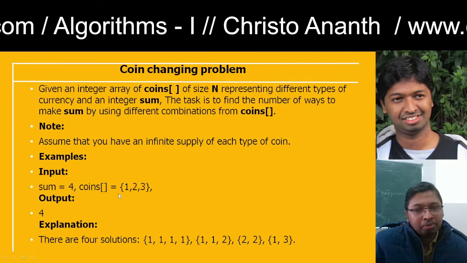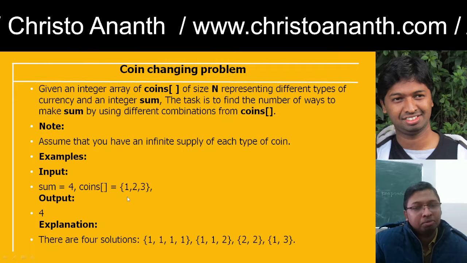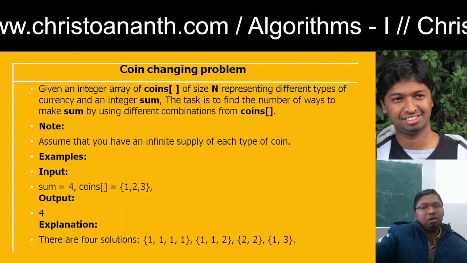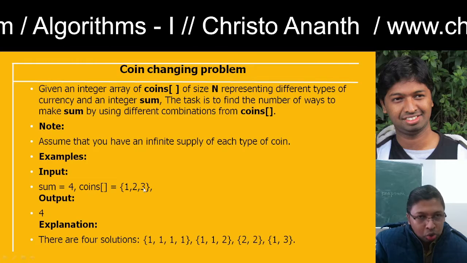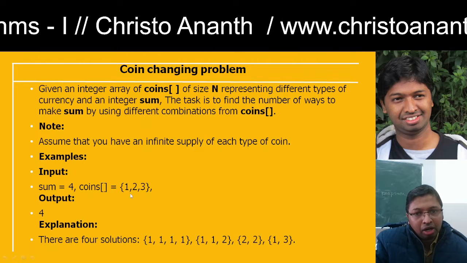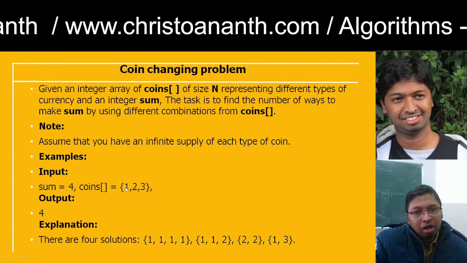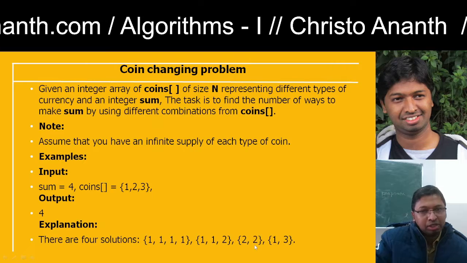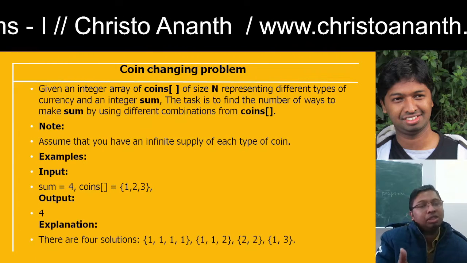Maybe for the sum 4, you can go with different possible ways. Maybe 1 four times, or 1 two times and 2 one time, or 2 two times, or 1 one time and 3 one time. So these are the possibilities that you can produce, and the output is equal to 4.